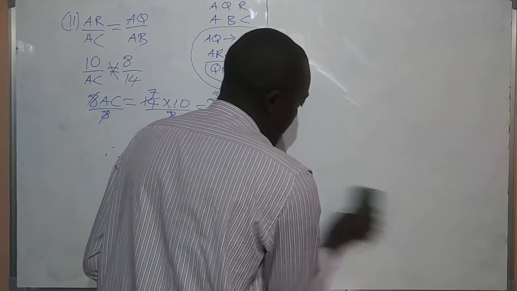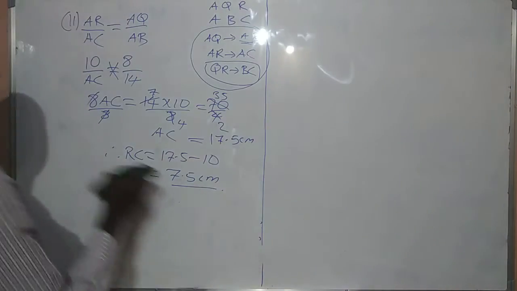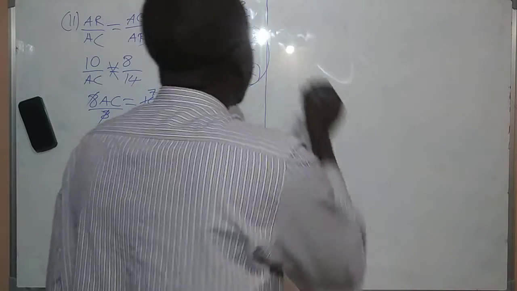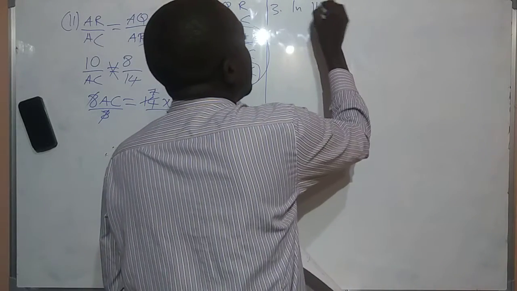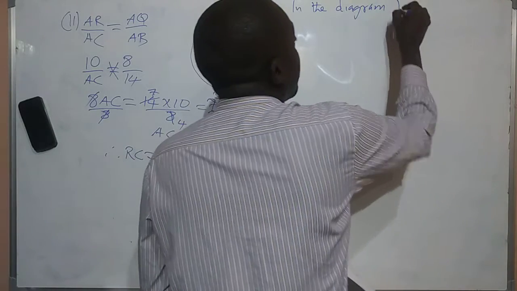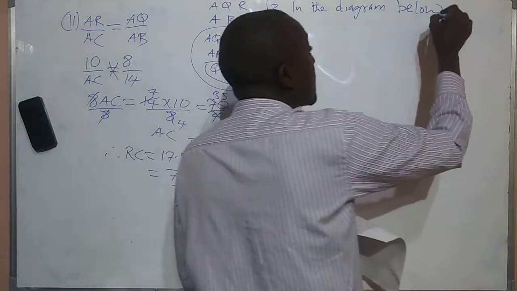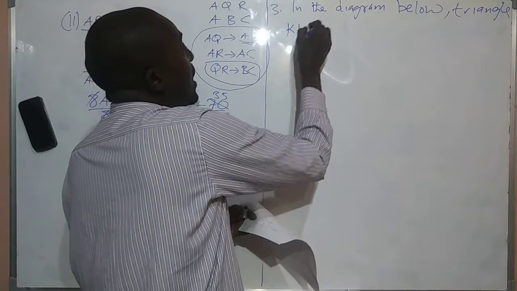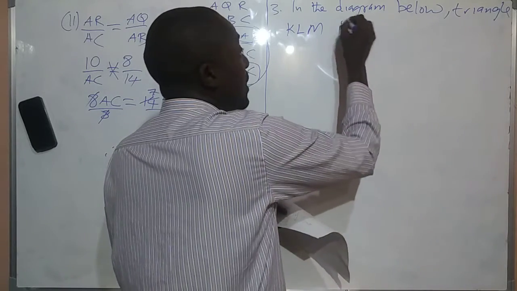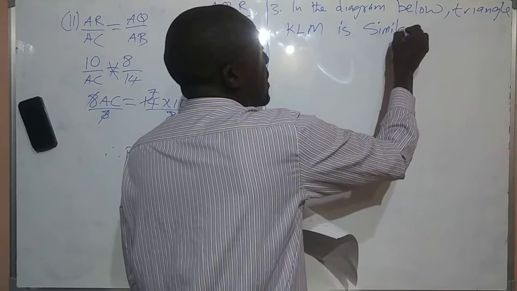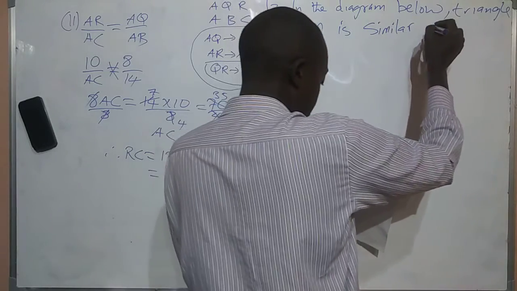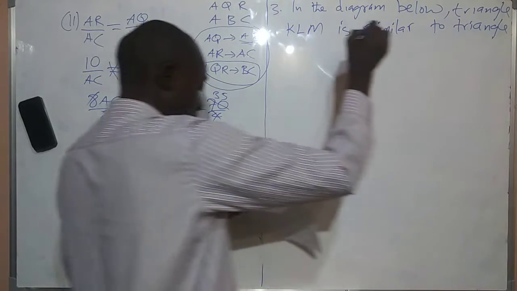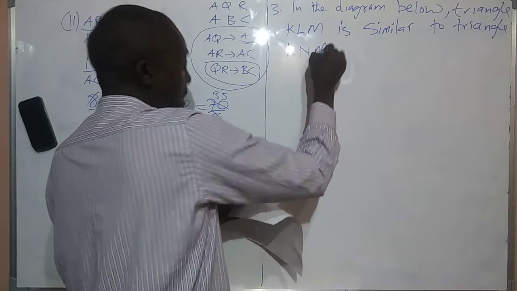Here is our next question. Question number 3 says, in the diagram below, triangle KLM is similar to triangle LNM.